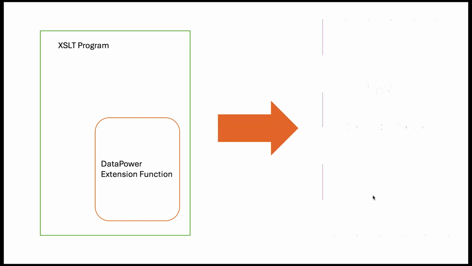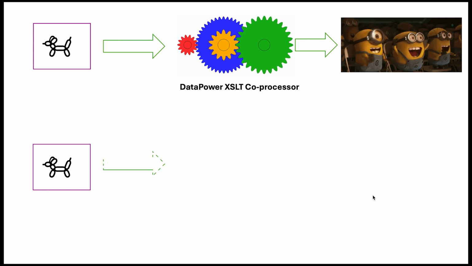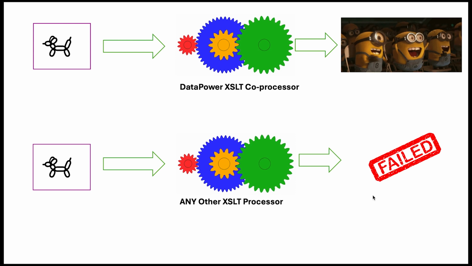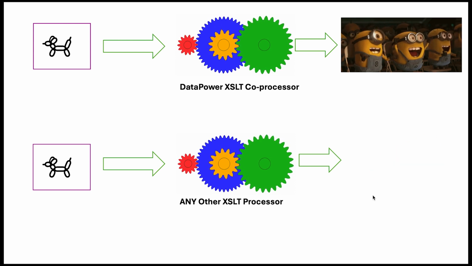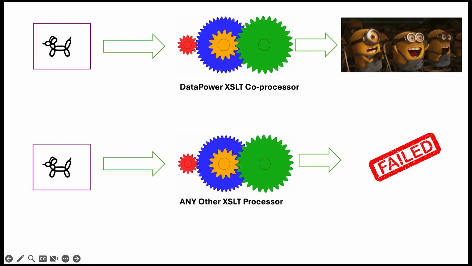Before you start using extension elements and functions in DataPower, you must be aware of a couple of things. The very first thing is that if you embed these DataPower extension elements and functions in your program, only the DataPower XSLT coprocessor will be able to interpret your program. In other words, if you have these functions or extension elements embedded in your XSLT program or even gateway script program, you will not be able to run, test or debug them in any other XSLT editor out there.